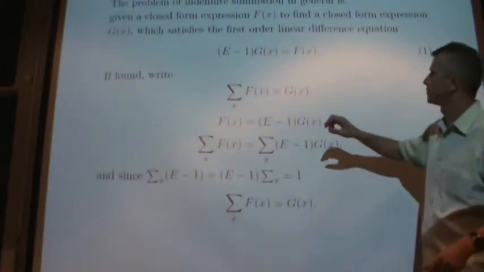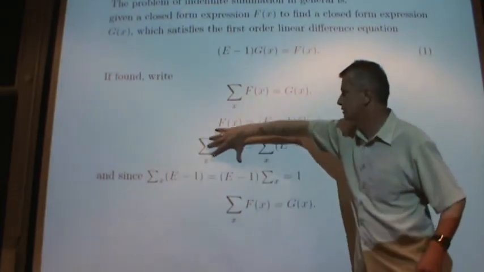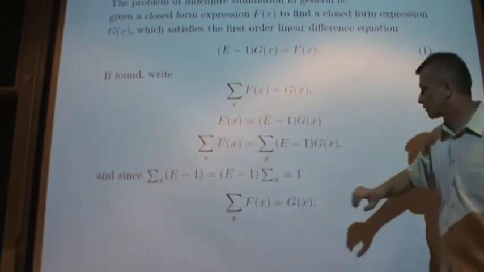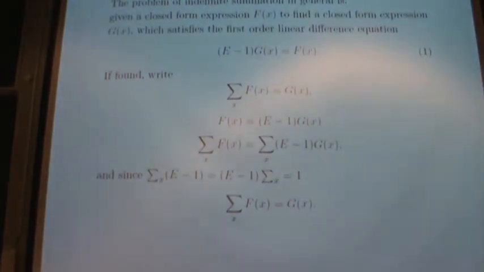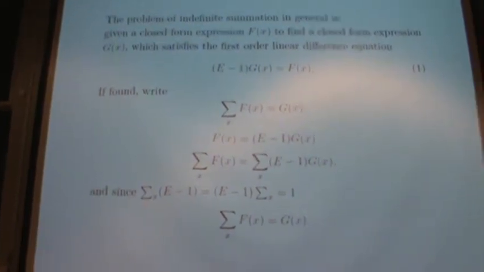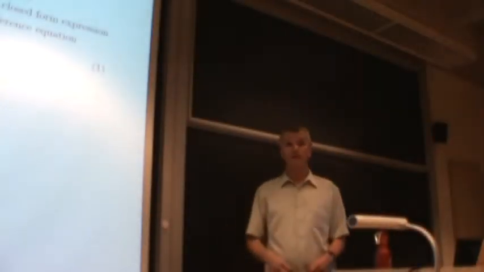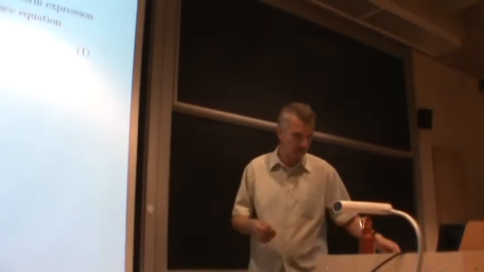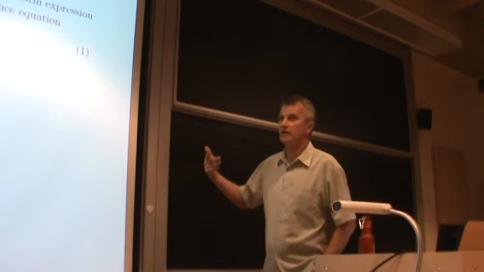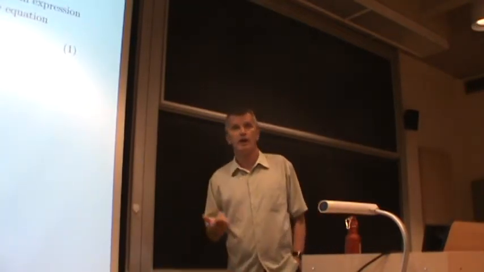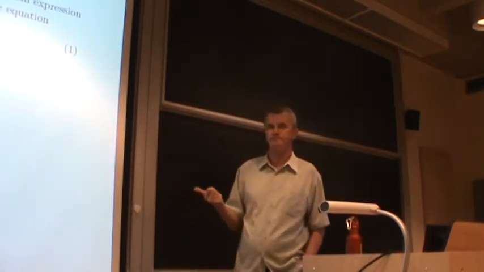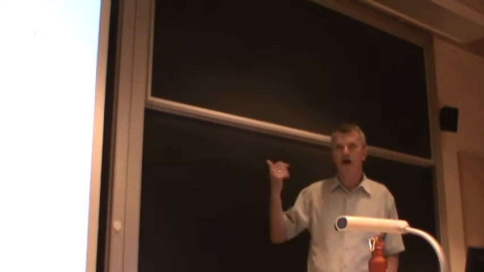Given a closed form expression, I would like to find an expression in the same class as my input for the indefinite sum. We know that for polynomials this problem is solved, a polynomial is always summable. Well, the question is, and a lot of the content of today's presentation comes from my personal dissatisfaction with the absence of progress.